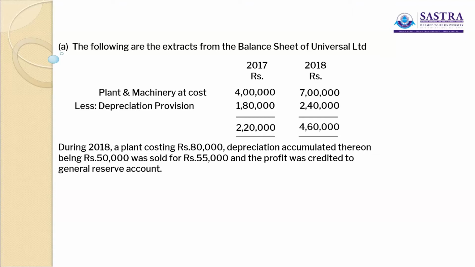So during 2018, a plant costing 80,000, depreciation accumulated thereon being rupees 50,000, was sold for rupees 55,000.